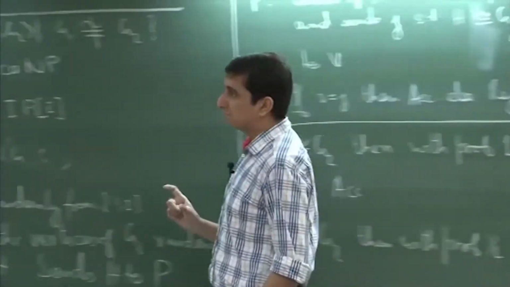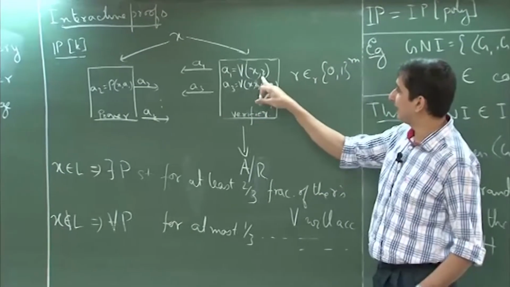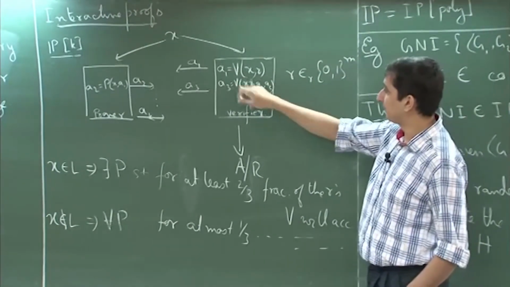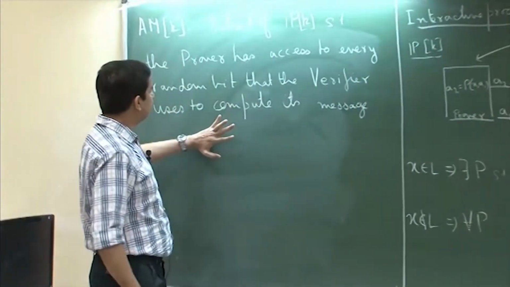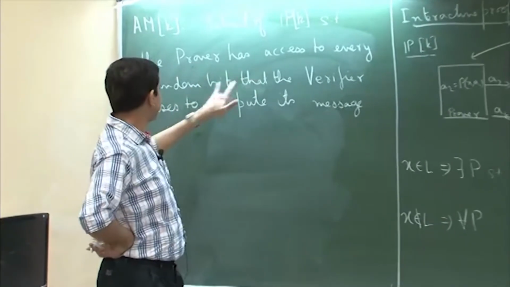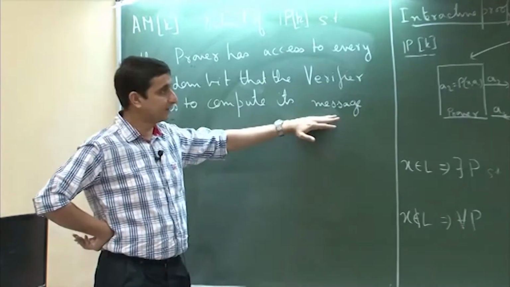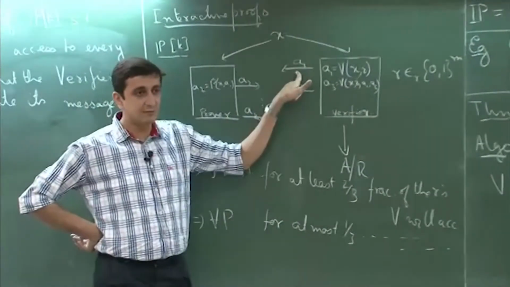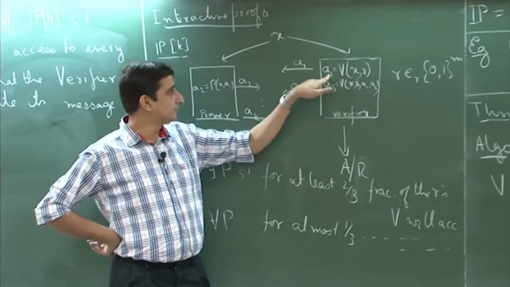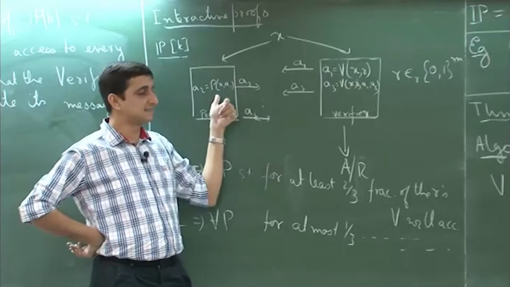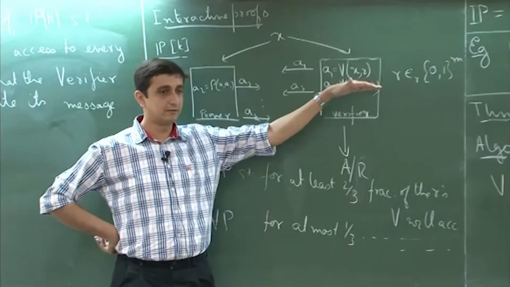So, there is this subtle point here. Here we had assumed that the entire random string is available to the verifier, but see the way I phrased this definition, the prover has access to every random bit that the verifier uses to compute its message. Okay. So, when it is computing the message A1, whatever random bits the verifier uses to compute A1, the prover has access to only those random bits and not the rest of R. Okay.